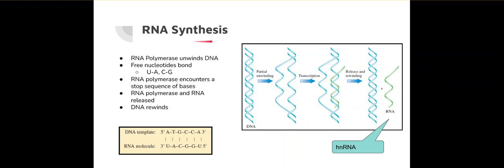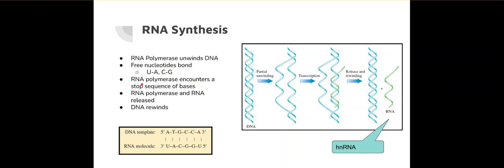So what happens is we have an RNA polymerase, which unwinds a portion of the DNA, and the free nucleotides then come in and bond. But because it's RNA, you get UA linkages and CG linkages.